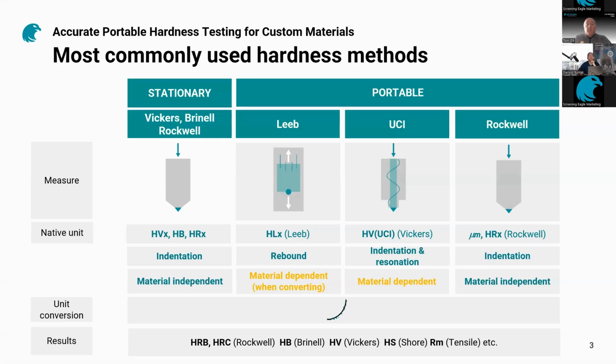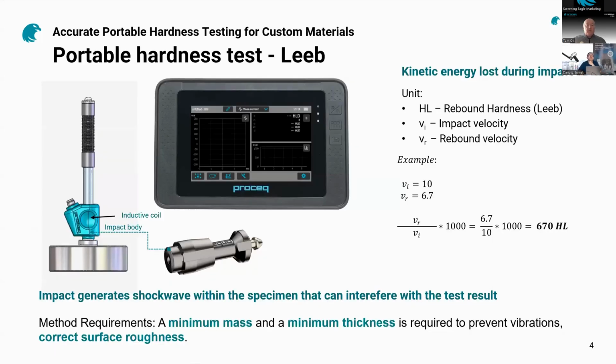And with Equotip Portable Rockwell, we are actually measuring the depth of penetration like you do in the Rockwell test. However, we're using different forces, indenters, and dwell times, so we get a slightly different but still material independent measurement. Whenever we use Leeb and UCI, if we need to report our values in a different scale, we need to put it through a conversion. So let's talk more about the different tests, focusing on Leeb and UCI because they are material dependent.